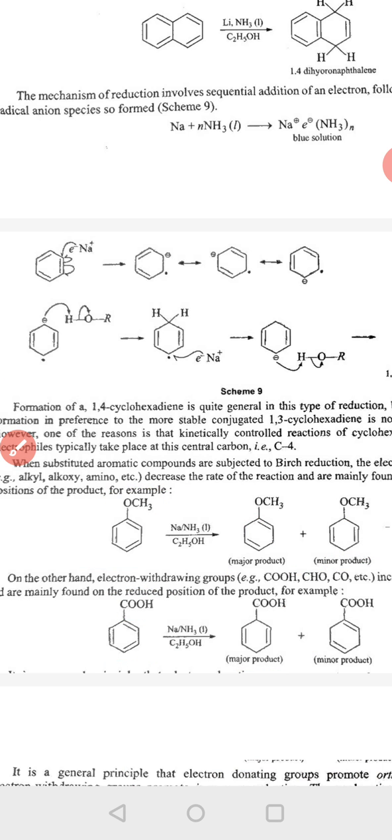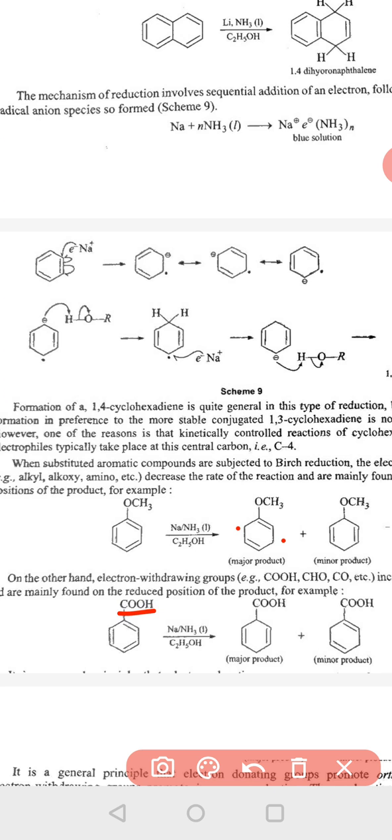See here, the reduction has taken place at the ortho and meta positions, while the electron withdrawing groups promote ipso and para reduction. This is the electron withdrawing group and this is the ipso position. Ipso position is where two substituents share a position, here COOH along with the H group. So this is the ipso position and this is the para position.